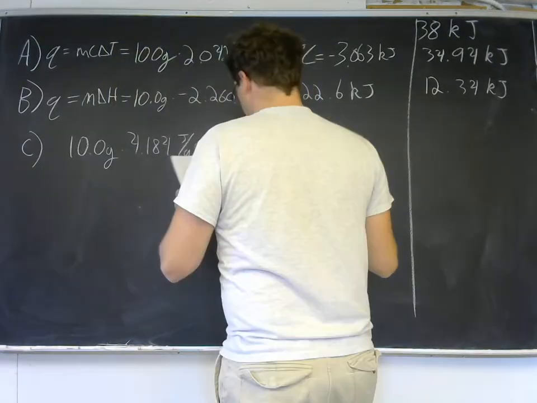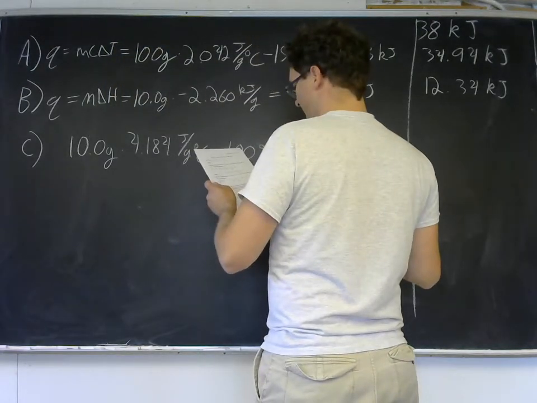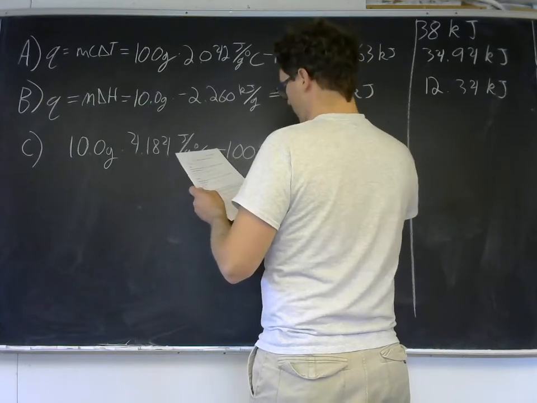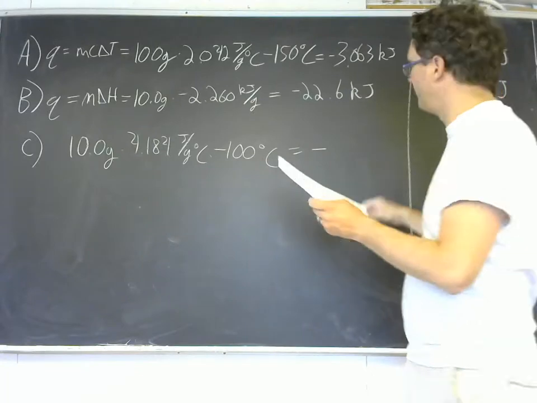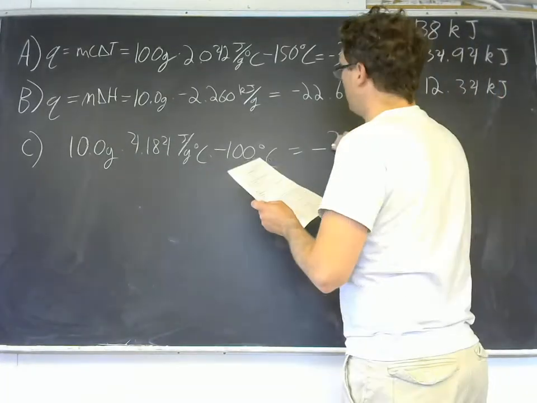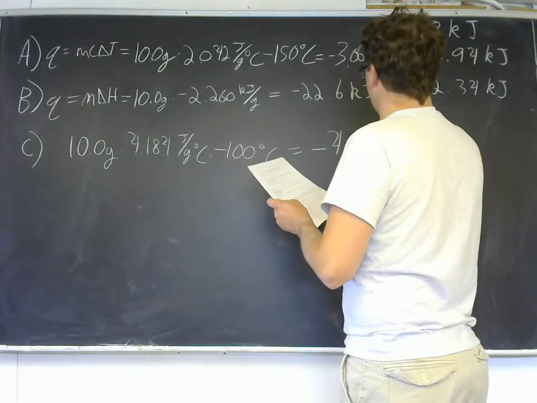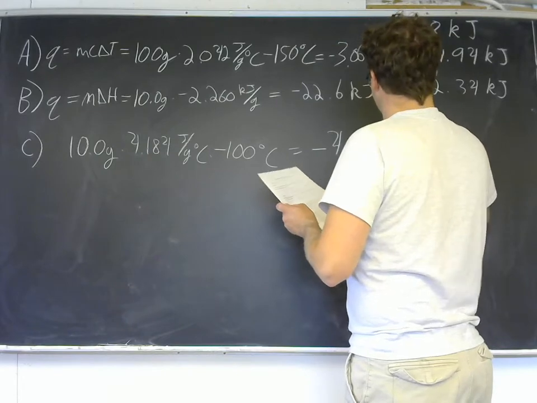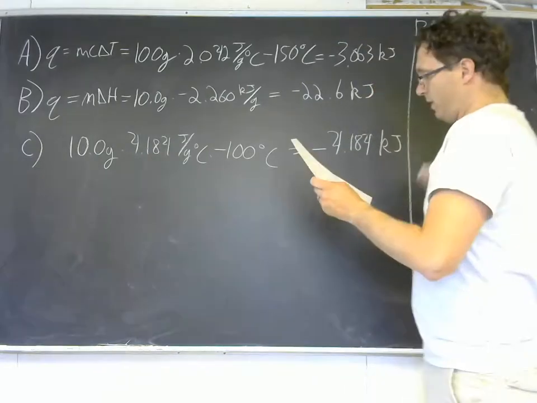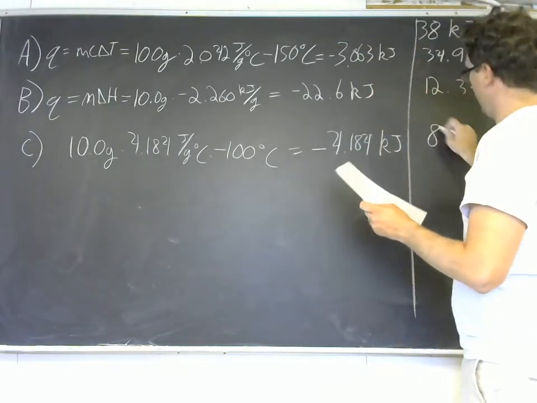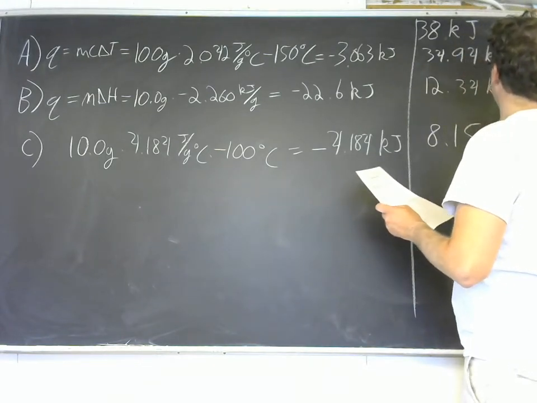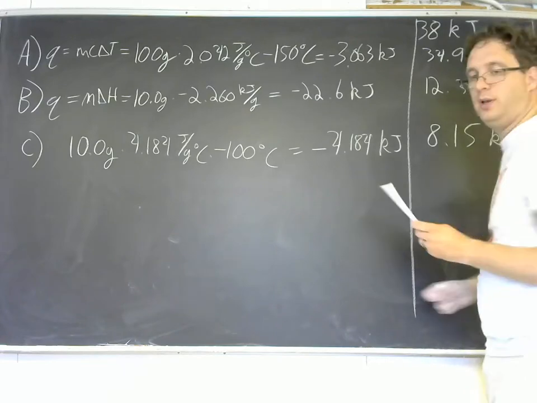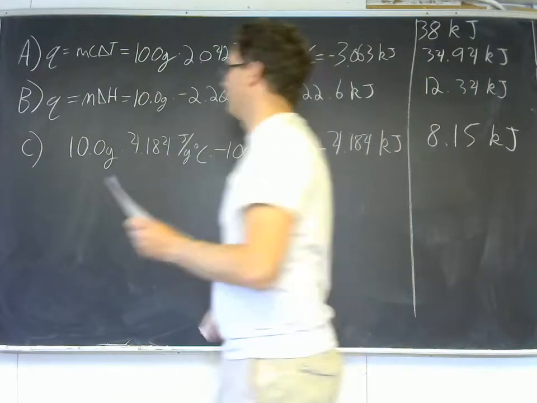And that's going to end up equaling a negative. We got nice, good round numbers, 10 and 100. So it's going to end up as 4.184 kilojoules, which leaves us 8.15 kilojoules in our ledger over there.